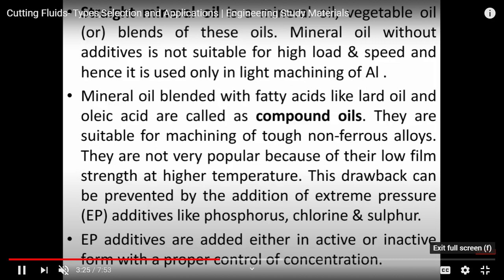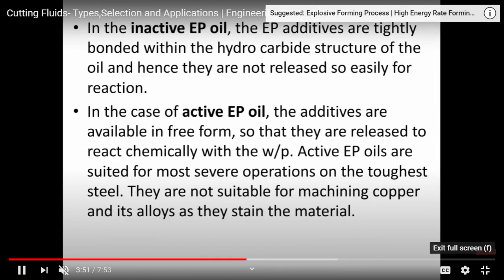For high speed machining, the cooling action is very significant, the lubrication action is inefficient. Mineral oil blended with fatty acids like lard oil and oleic acid are called compound oils. They are suitable for machining non-ferrous metals. They are not very popular because of their low film strength at higher temperatures.